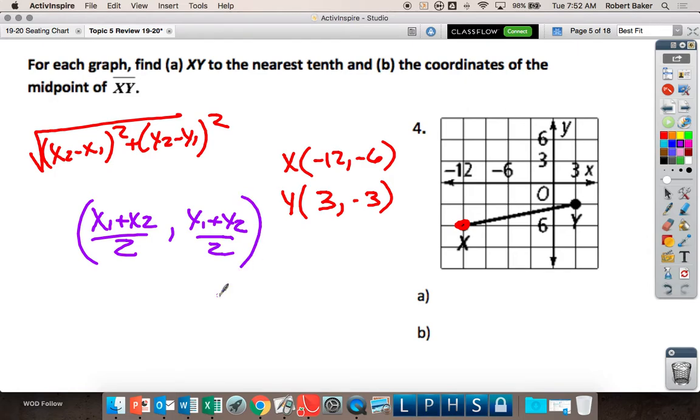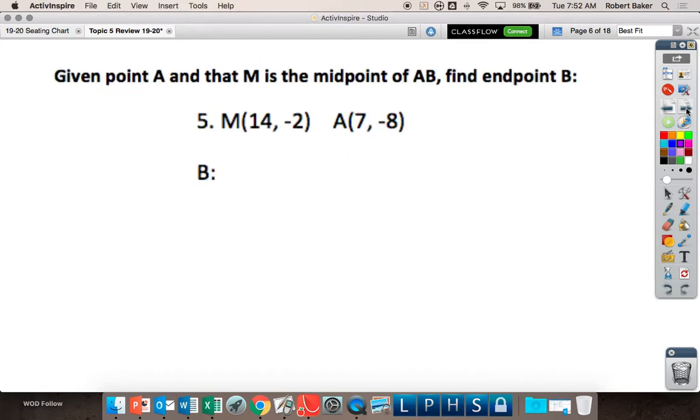So carefully working through those questions, making sure you can get accurate answers. Okay, this is the scenario. It says given point A and that M is the midpoint of AB, find point B. So given A, find the other endpoint.